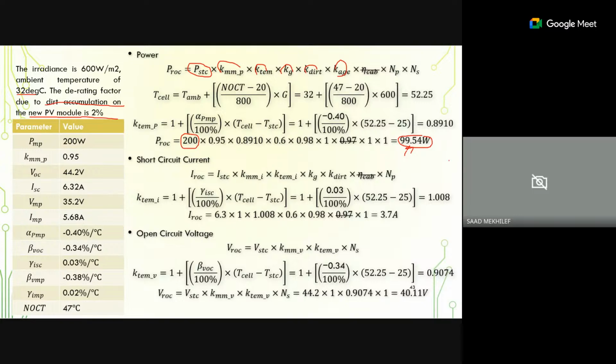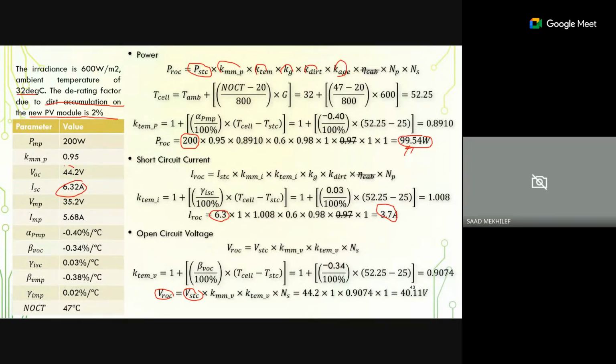Okay, so even the short circuit current, for example, you see the short circuit current is 6.3. But after we multiply by all the derating, we actually get only 3.7. The same thing goes for the voltage. The voltage at STC is around 44 volts, I think.